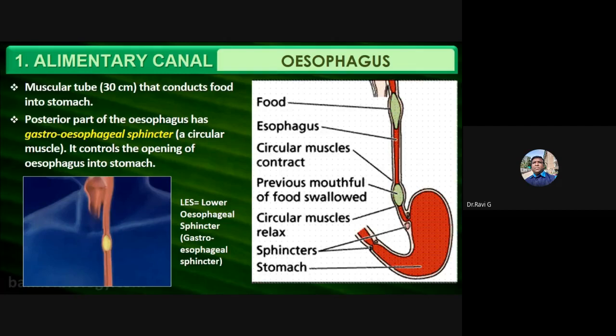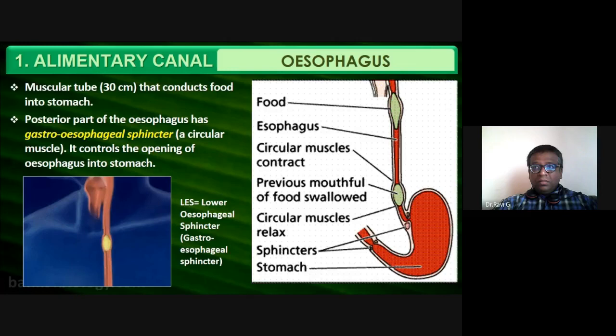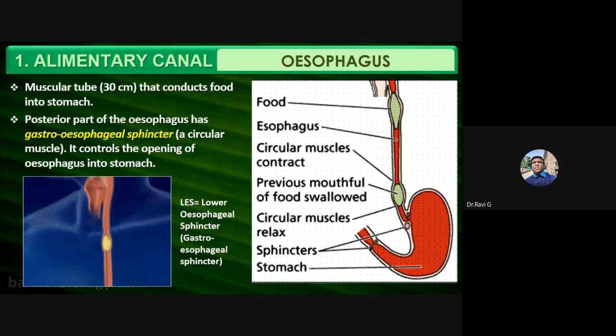The esophagus has muscles which bring about peristaltic movement, that is, contraction and relaxation of these muscles help the movement of food to the stomach. But the posterior part of the esophagus is guarded by the gastroesophageal sphincter, which regulates the opening of the esophagus into the stomach. So the food finally enters the stomach.